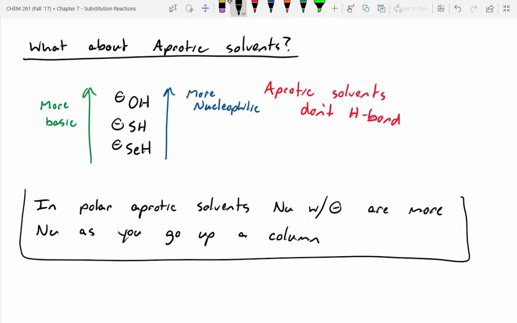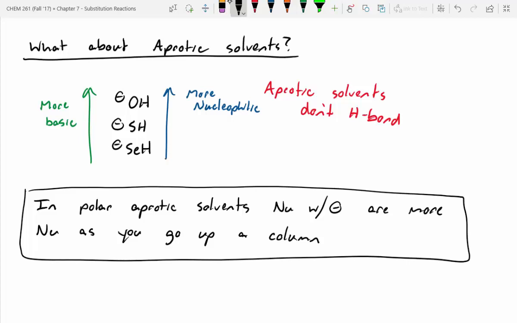Does that make sense? So it really depends. If you want hydroxide to outcompete the sulfur analog, maybe you should use an aprotic solvent, but if you want your sulfur analog to outcompete hydroxide, maybe you want to use a polar protic solvent. So you can actually switch the nucleophile strength depending on which solvent you're planning on using, right? It's a little abstract to think about.